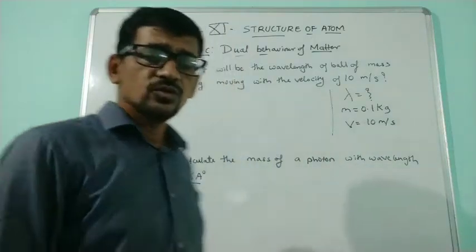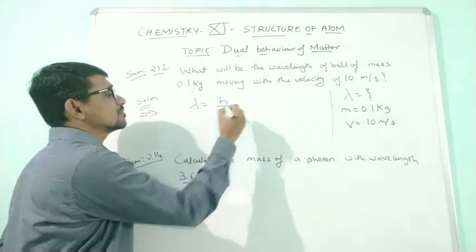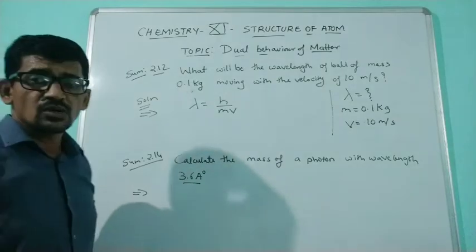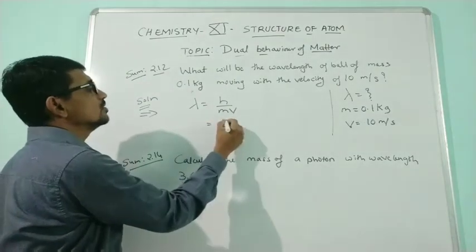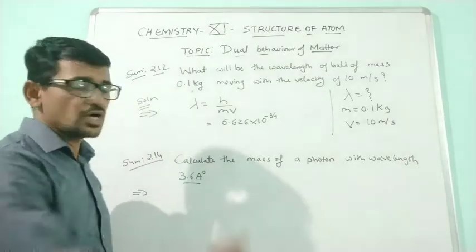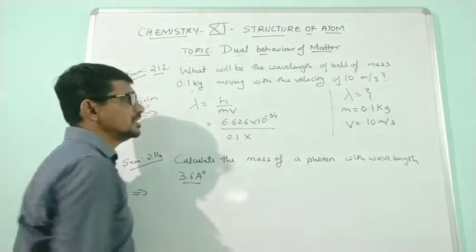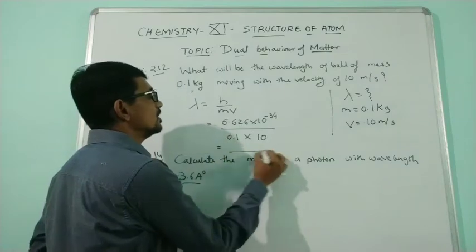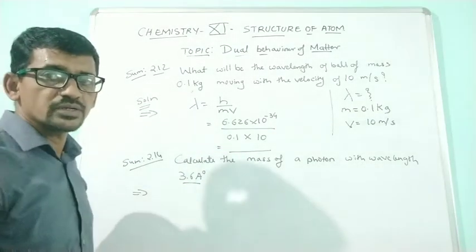Now we use the de Broglie equation, λ is equal to h upon mv, mass into velocity, where h is the Planck constant. We put the value 6.626 × 10^-34 upon mass 0.1 kg into velocity 10. Now 0.1 into 10 means 1.